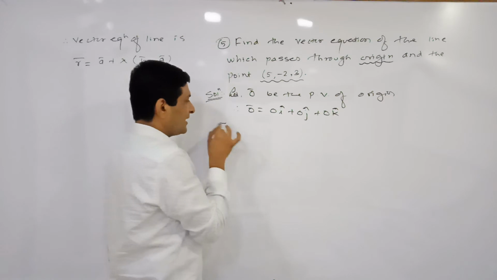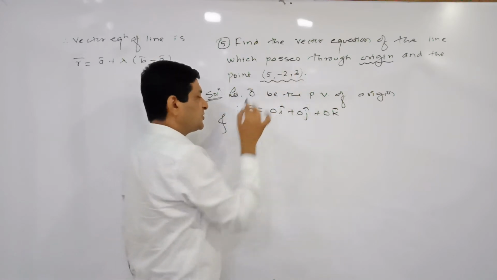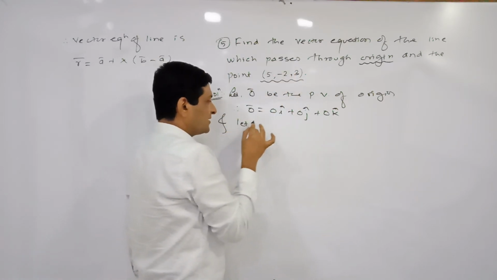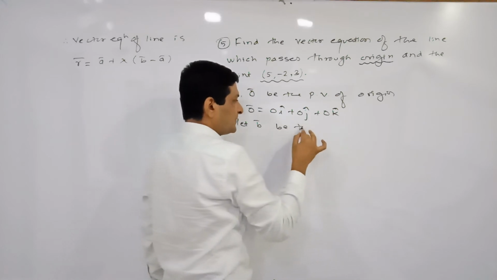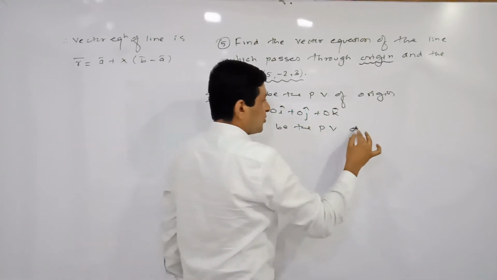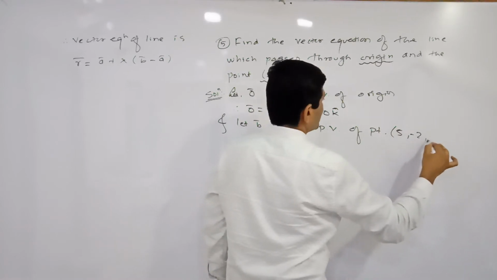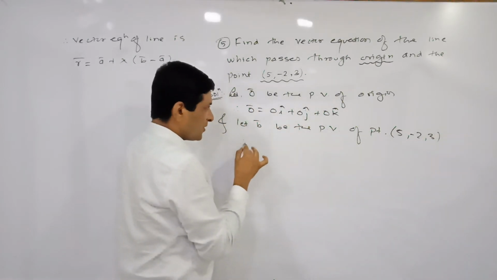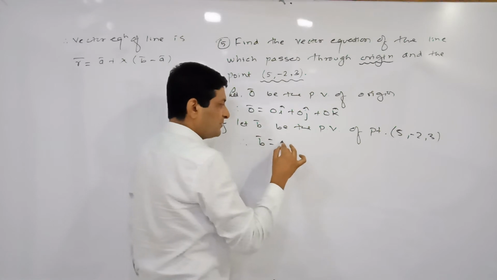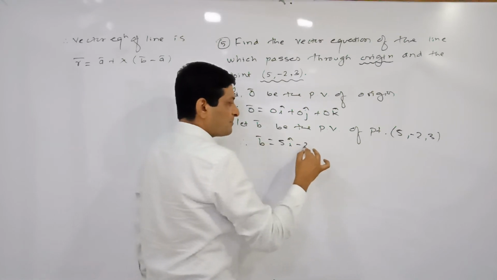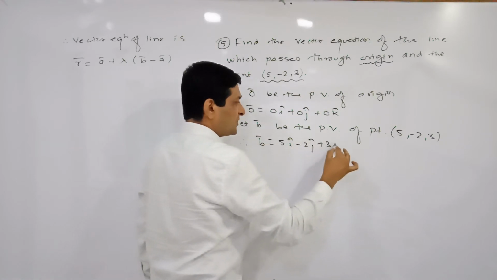So here let us denote the position vector of this point by B bar, and let B bar be the position vector of the point with coordinates 5, -2, 3. Therefore from these coordinates, the value of B bar will be 5 i cap minus 2 j cap plus 3 k cap.